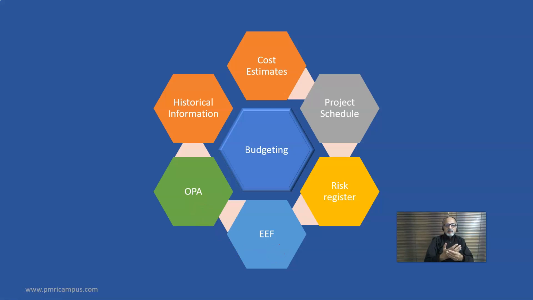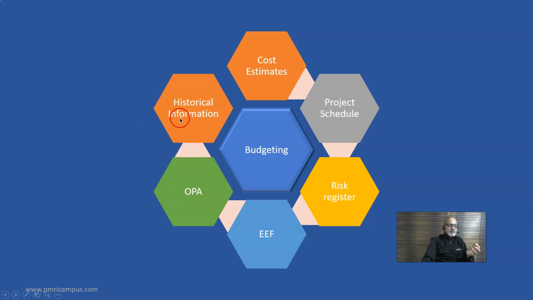Enterprise environmental factors, we should know the labor cost, the climatic conditions, the soil conditions. So all those things help at the time of budgeting. Then organizational process assets. If you have a lot of reusable components, we can save that cost. Or if you have to follow a special process, that cost needs to be factored in.